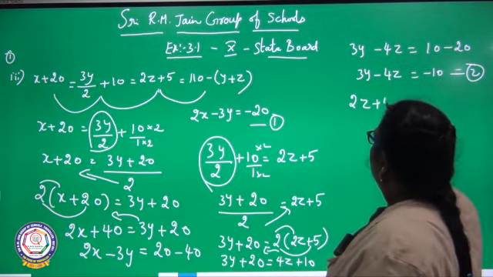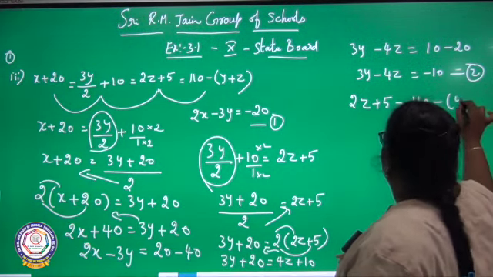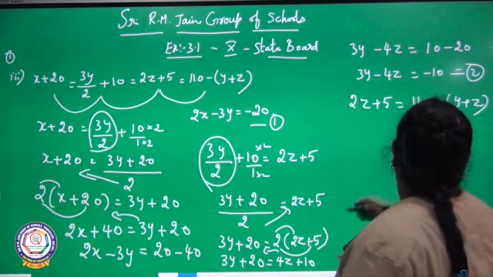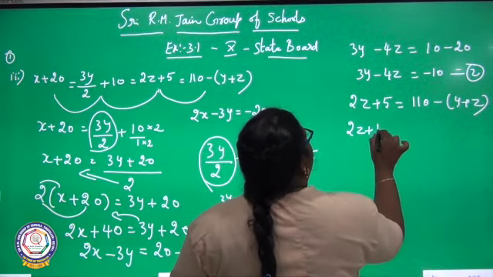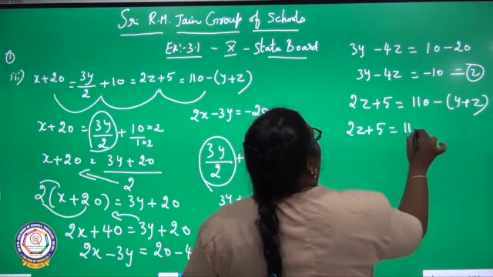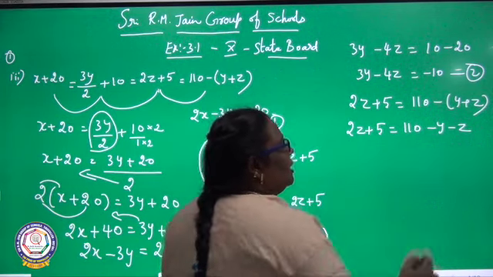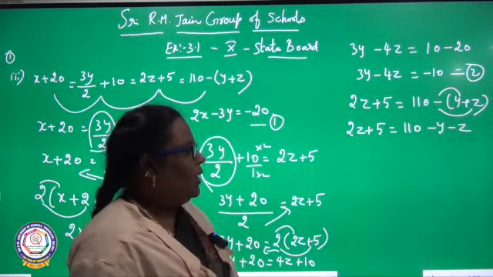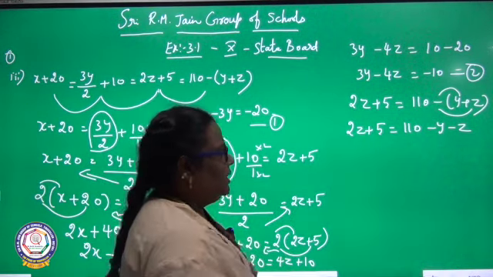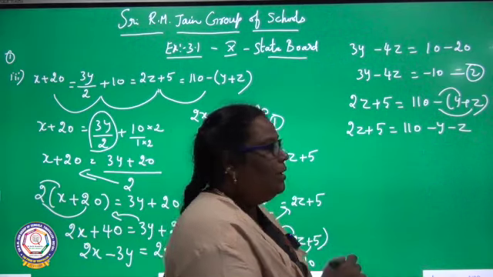2z plus 5 equal to 110 minus of y plus z. So it gives 2z plus 5 equal to 110 minus y minus z. You bring the minus inside: minus into plus y gives minus y, minus into plus z gives minus z. The same way you bring the variables to one side.